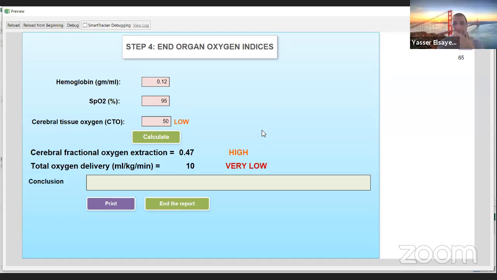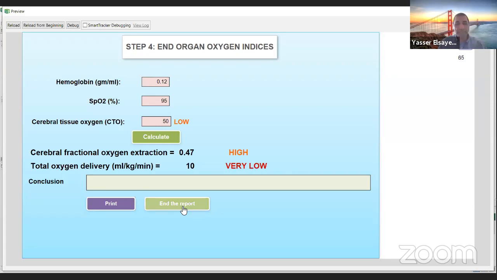Remember the 4 mechanisms. For sure, he's beyond the first mechanism, beyond the autoregulation. And now he's at the 3rd mechanism, which is increased oxygen extraction, just one step before the lactic acidosis, or the 4th mechanism of compensation, which you should avoid.